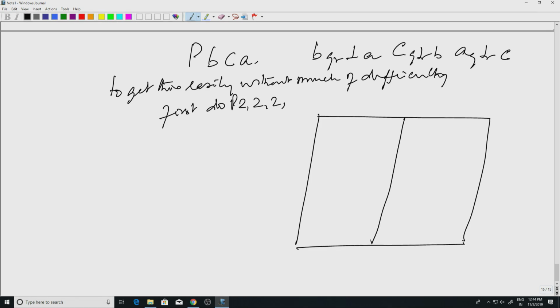Remember, shifted by 1/4, shifted by 1/4, shifted by 1/4.